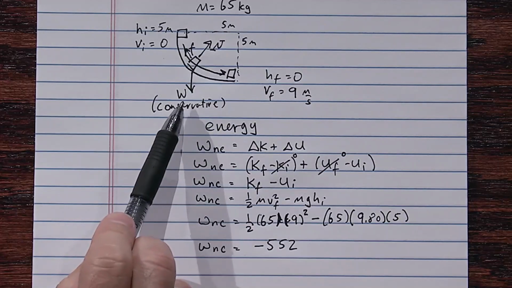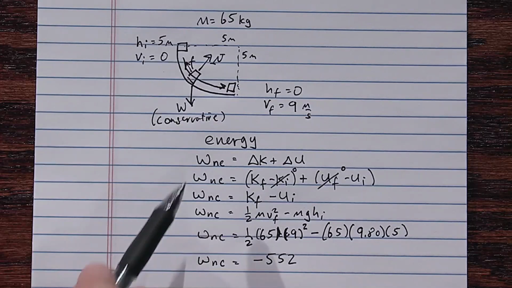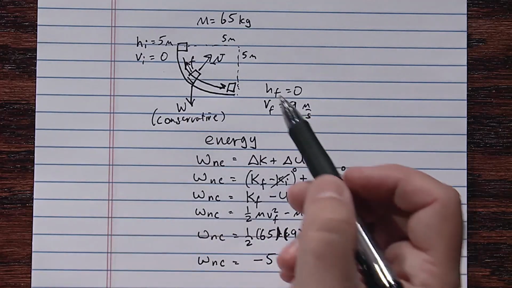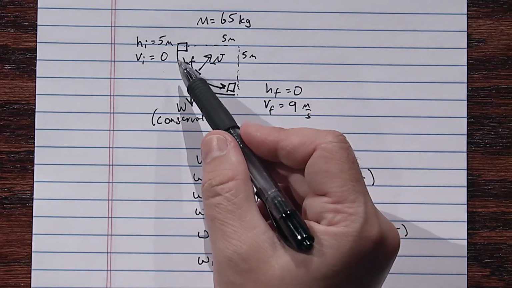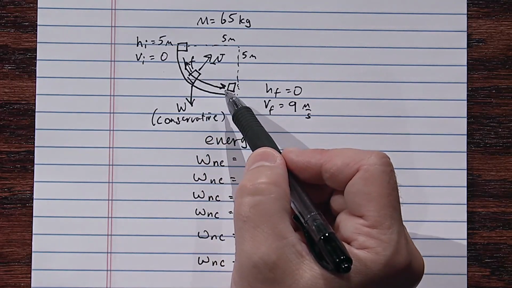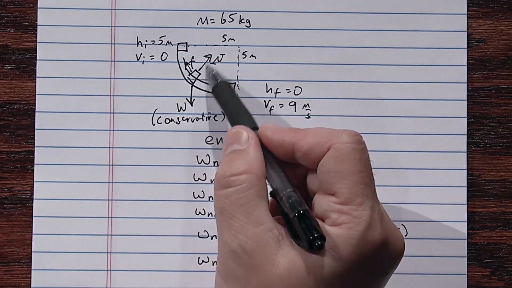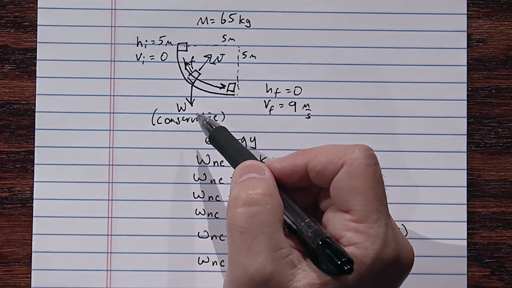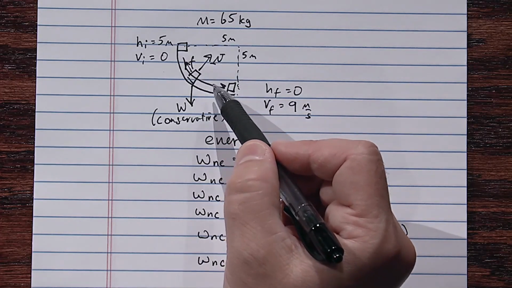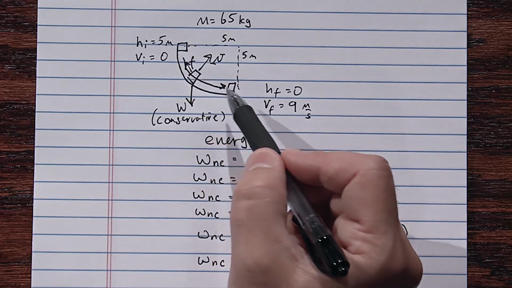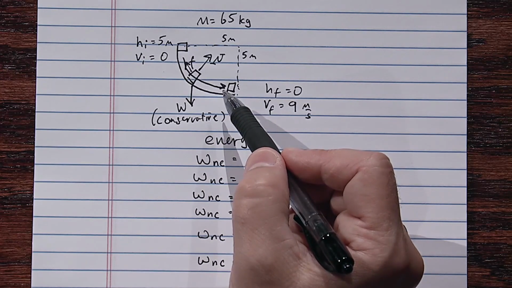Well, work by a conservative force we don't worry about when we talk about the work done by non-conservative forces. The normal force, since he always moves along the surface of the ramp, will always be perpendicular to the motion. So the angle between the normal force and the motion was 90 degrees the whole time he went down. So the normal force didn't do any work either.